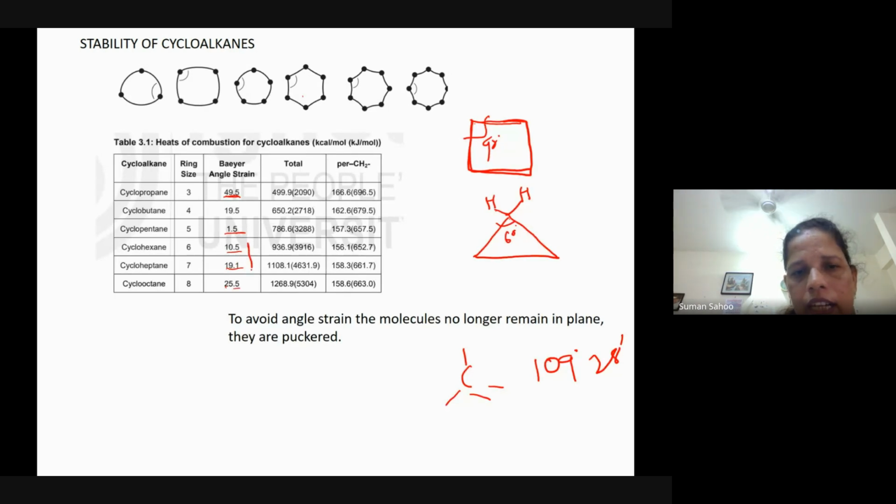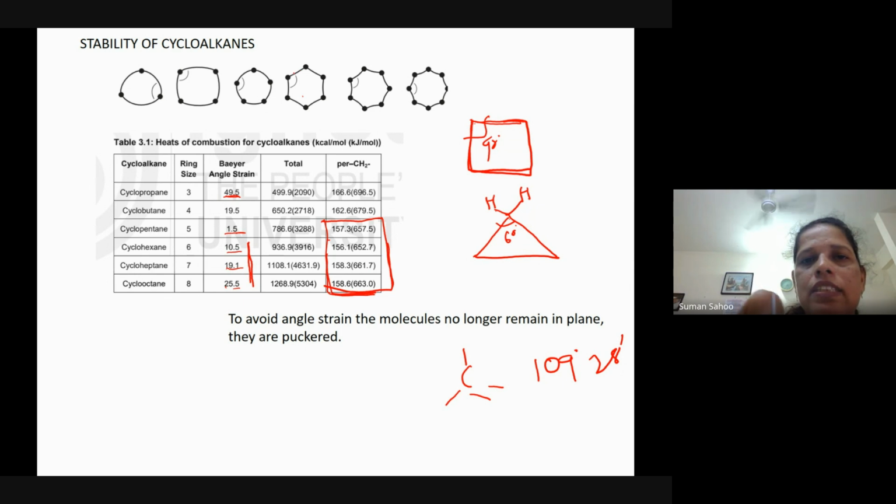Although these higher cycloalkanes, having a higher number of carbons, have more strain according to this theory, they are still more stable, which we can know from their heat of combustion. Actually, these cycloalkanes are more stable. They do not remain in planar form. Slightly they are puckered.